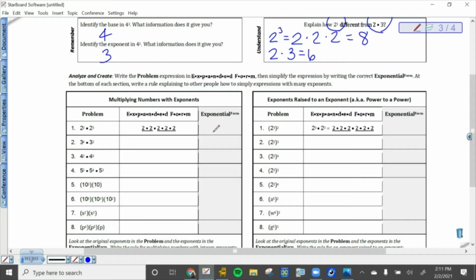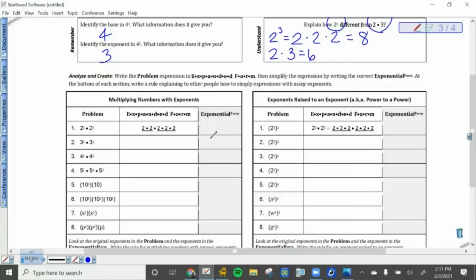Yeah, exponential, you had it right. So exponential form is going to simplify it a little bit. So in this part, we have the problem: 2 to the 2nd times 2 to the 3rd. In expanded form, we did exactly what it sounds like. We expanded them out.